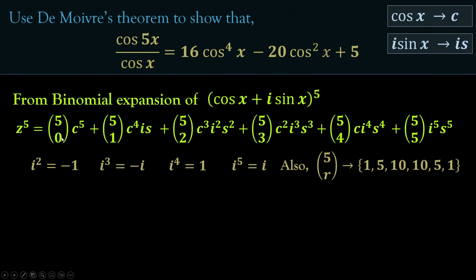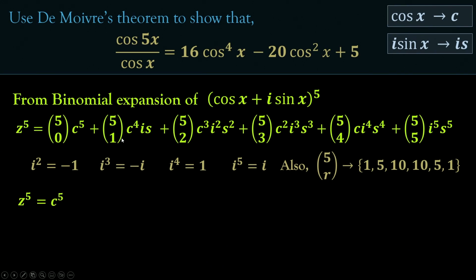So 5 combination 0 is 1, 5 combination 1 is 5, 5 combination 2 is 10, 5 combination 3 is 10, 5 combination 4 is 5, and 5 combination 5 is 1. If we replace those, then z to the power 5 becomes, this is 1 times c to the power 5, so it's just c to the power 5.